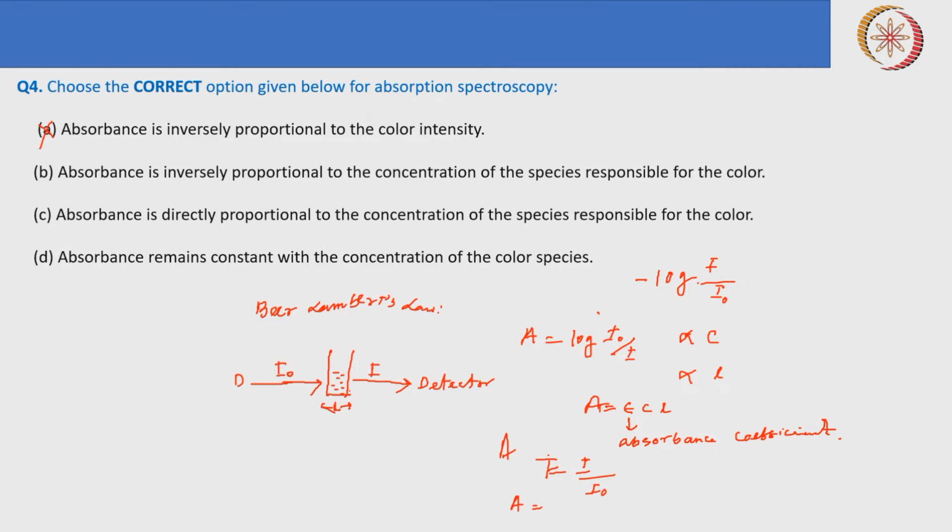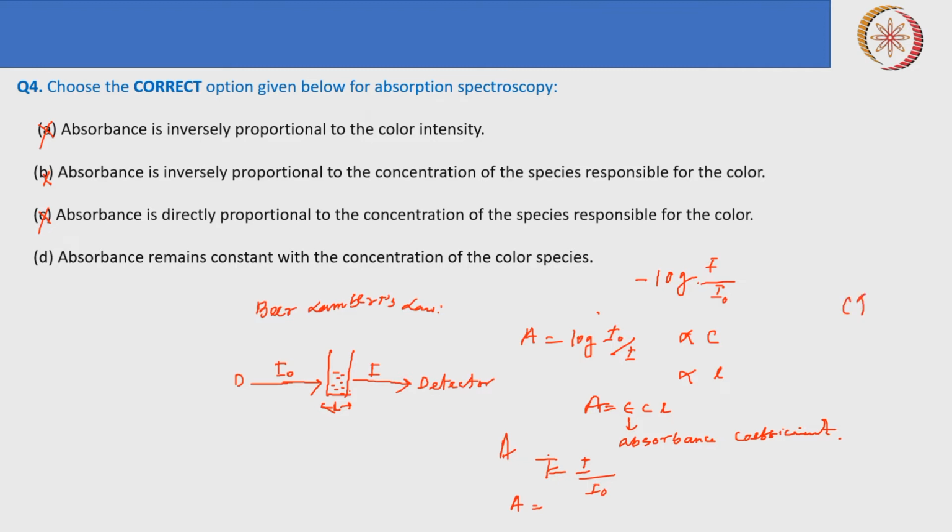Absorbance is inversely proportional to the concentration of the species responsible for the color. That is also not true. Absorbance is directly proportional to the concentration of the species responsible for the color. Yes, that is the true one. And the other option is that absorbance remains constant with the concentration of the color.